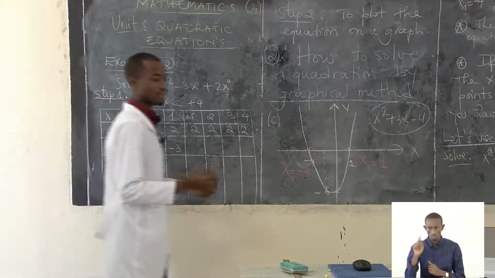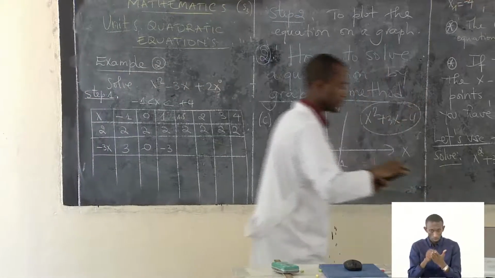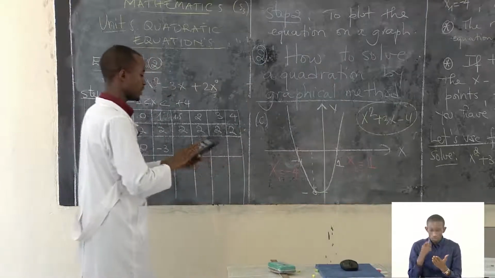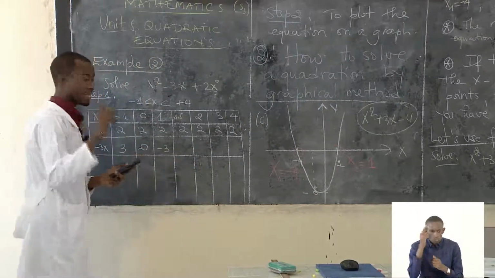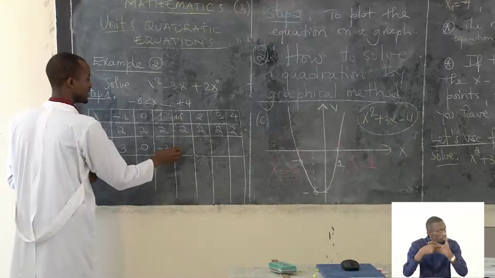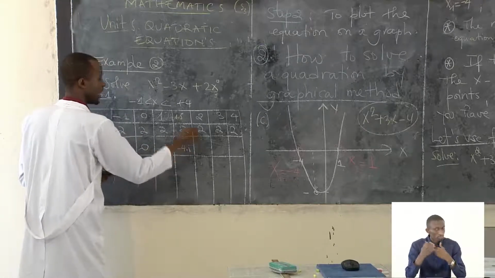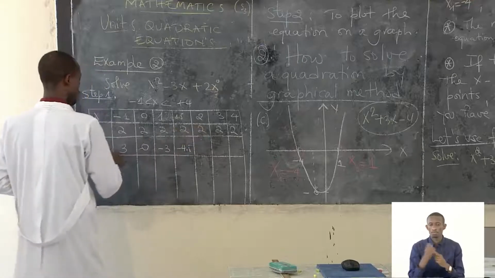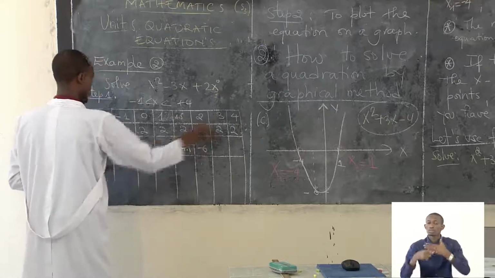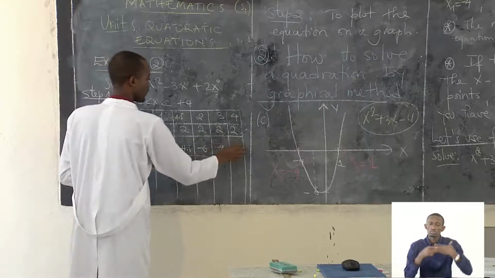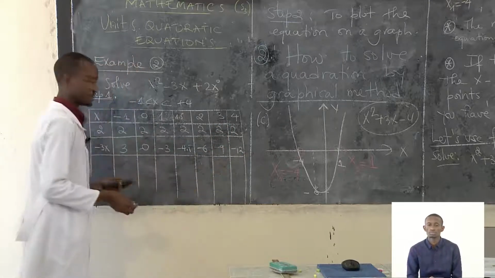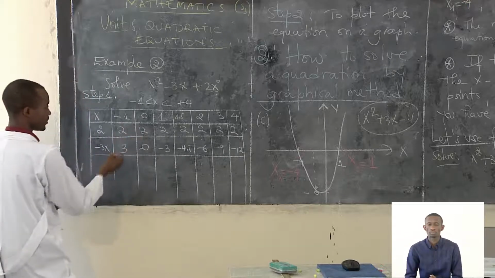You multiply by using your calculator. Remember, it is a negative sign which is there. We get here negative 4.5. And then here, you get negative 6. Here you get negative 9. Here you get negative 12. These are the values.